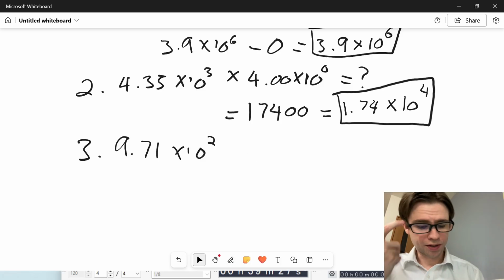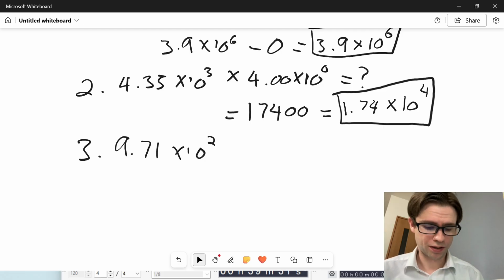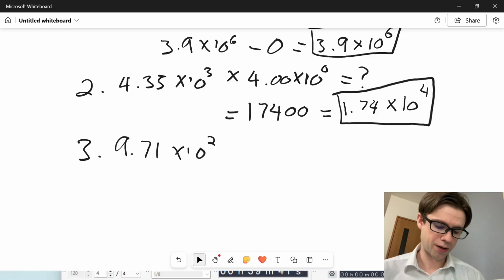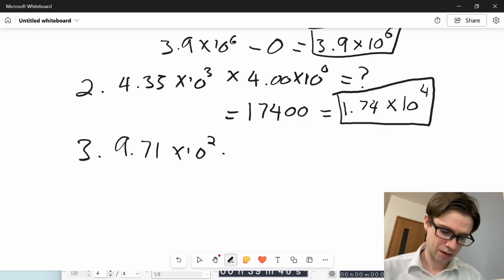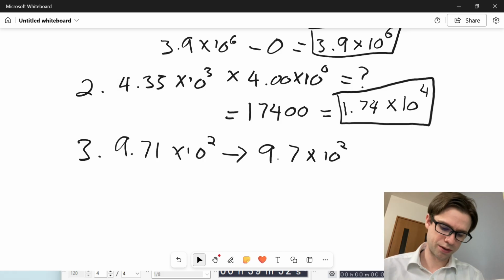So right now it has three significant figures, 9, 7 and 1. If we want to round this, we'll take the digit that's farthest to the right and consider, is it 5 or higher? Then we need to round up. If it's lower than 5, we'll round down. 1 is, of course, lower than 5. So we'll round this to 9.7 times 10 to the 2. Now this has two significant figures.